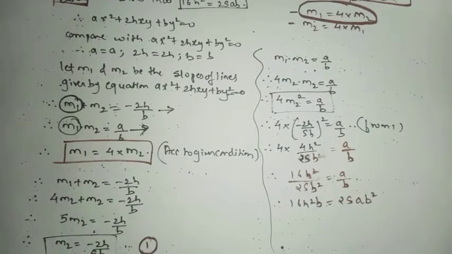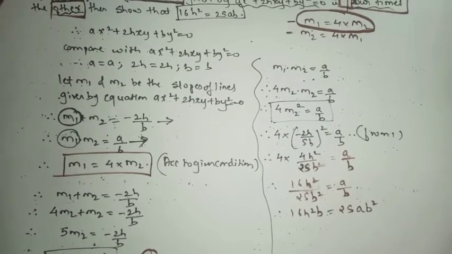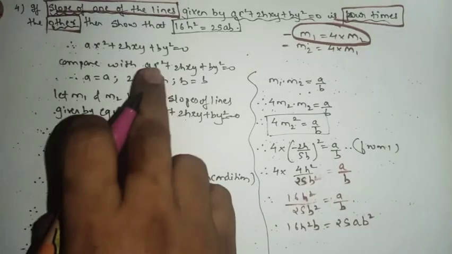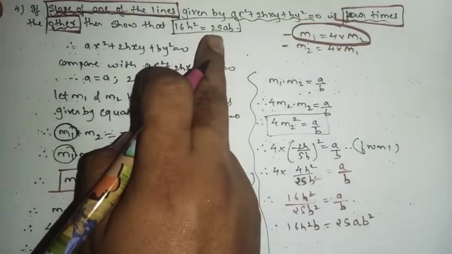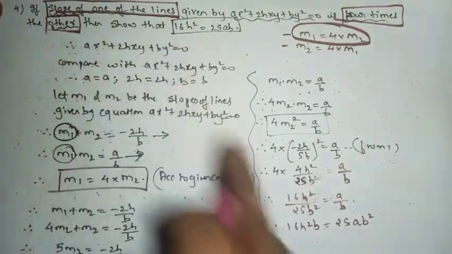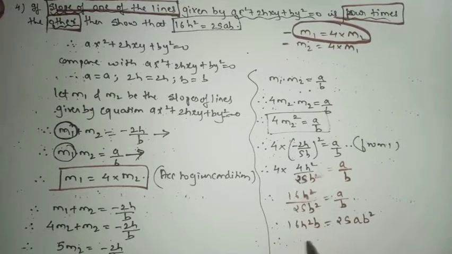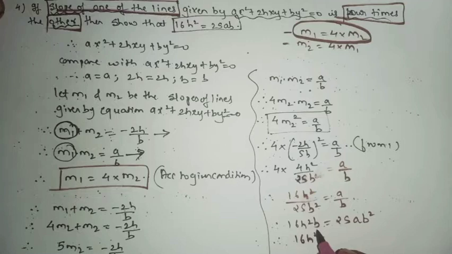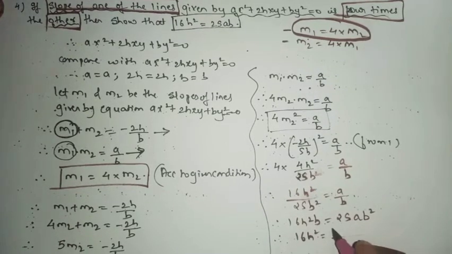Got the point? Now focus on what we have to show: here we required 16h square equals 25ab. So here we required only 16h square. We don't want the value b here, so we'll shift this b down.